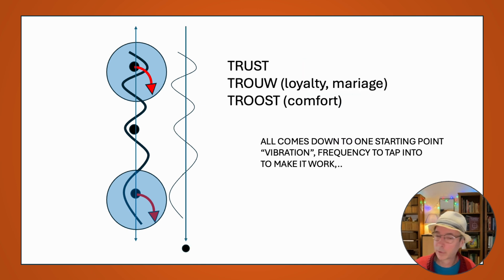And then a few words that might seem a bit more difficult, like trust, or trouw, which means loyalty, or marriage, or troost, which means comfort. That's all a bit more difficult, but they all come down to just one starting point of vibration or frequency, to tap into it, so that what the word expresses can work.